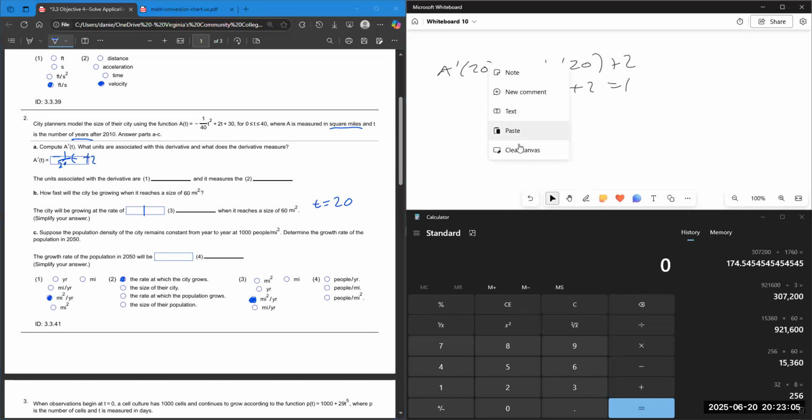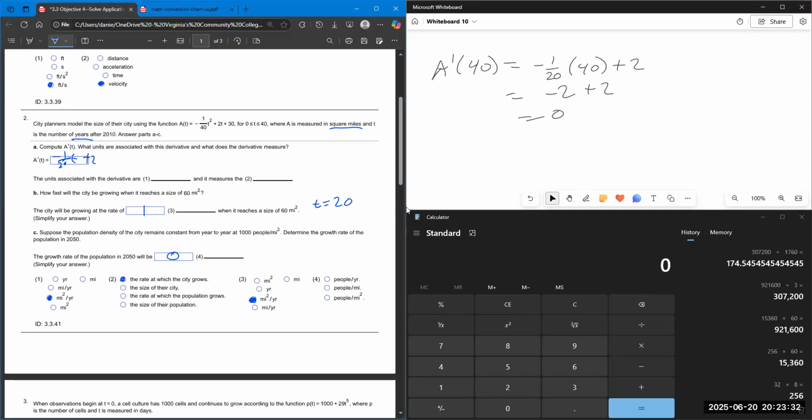So let's look at the rate of growth, a prime of 40, which is -1/20 times 40 plus 2, so -2 plus 2 is 0. So it doesn't matter how many people per square mile. The city's not growing at all, so the population's not going to grow at all either.